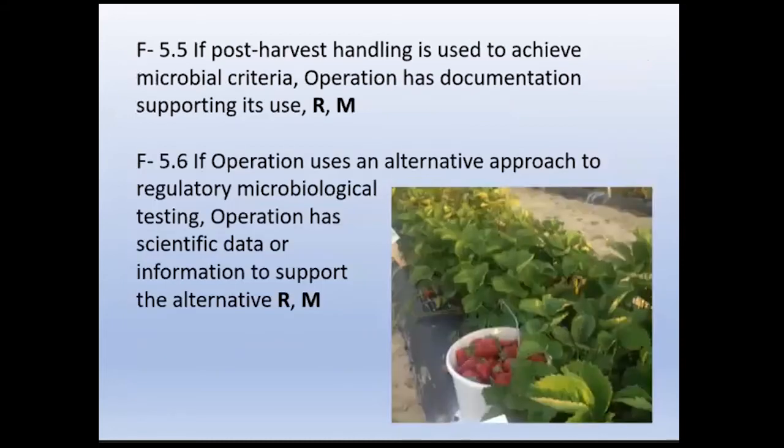Going on to F5.5, if post-harvest handling is used to achieve microbial criteria, the operation has documentation supporting its use. So again, here we have a record required, and it is mandatory. And what this is referring to is using environmental conditions to reduce the risk of pathogenic microbes being on your crop.